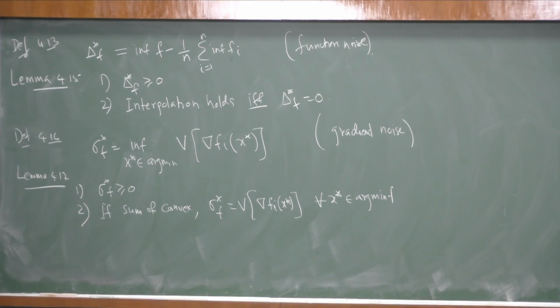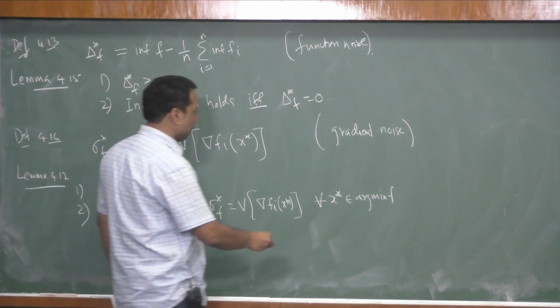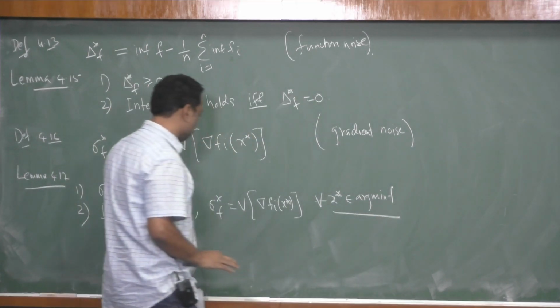So if we have a sum of convex, then sigma star f is the variance of grad fi at x star, where x star is the minimizer of f, and x star is not necessarily a minimizer of fi. We are not assuming that.